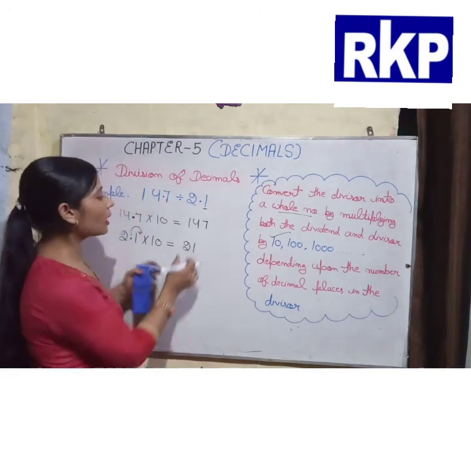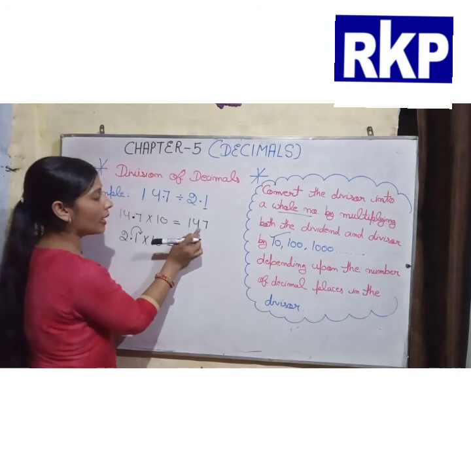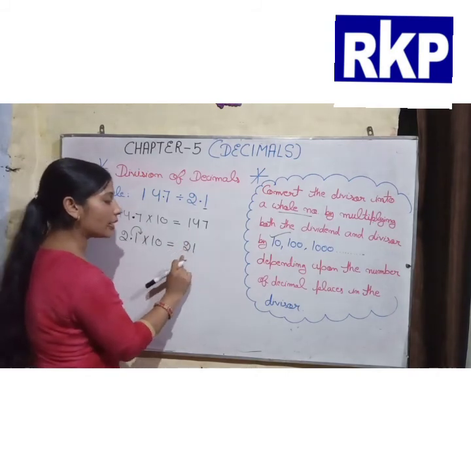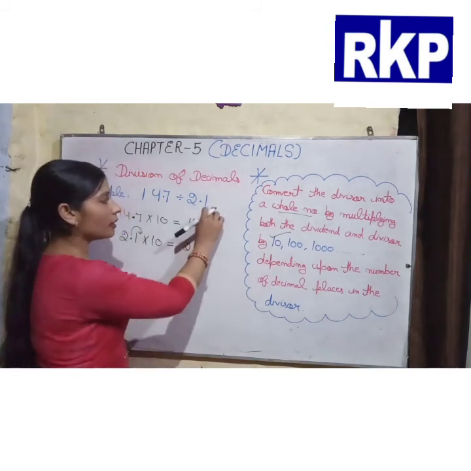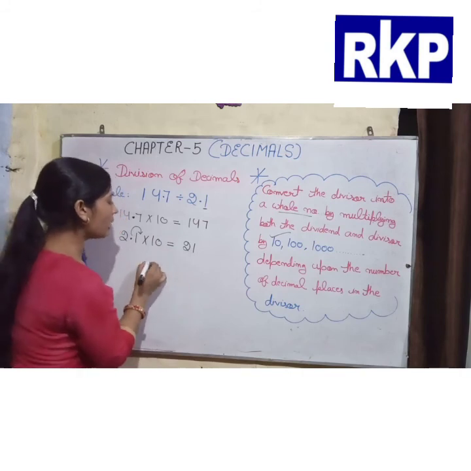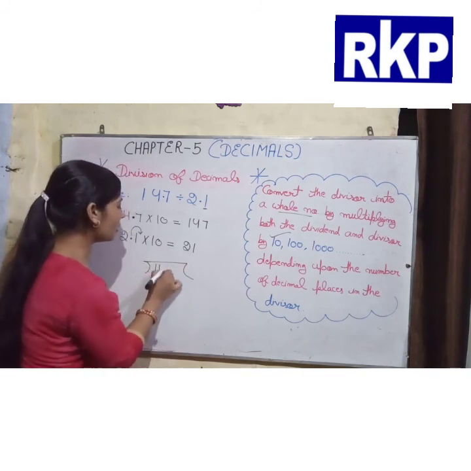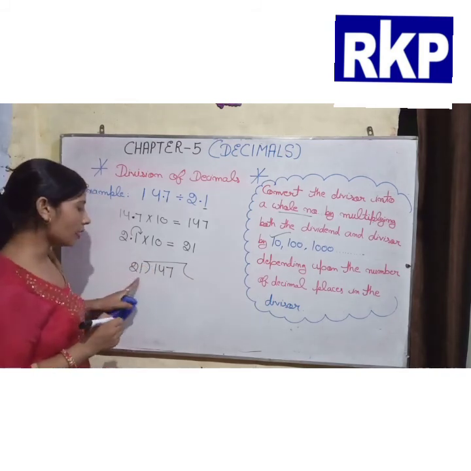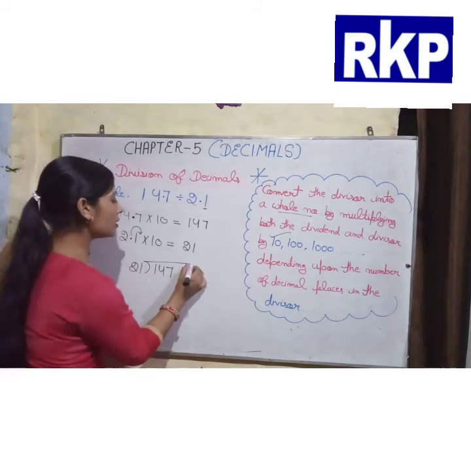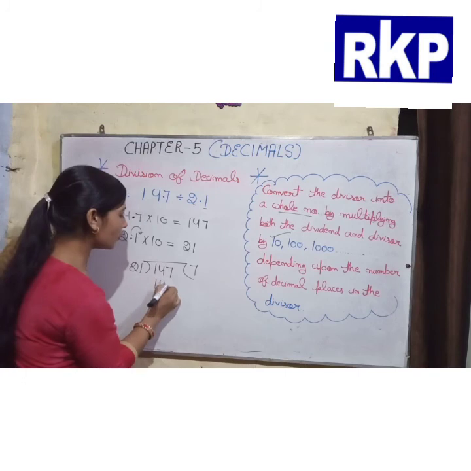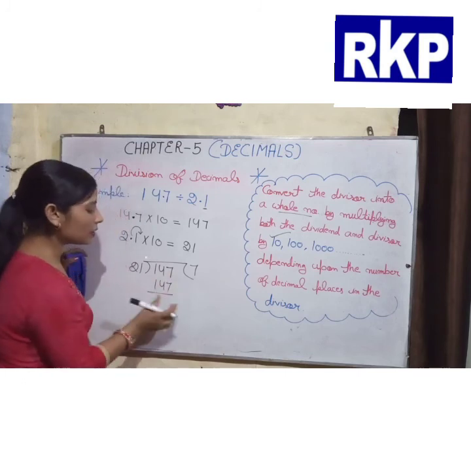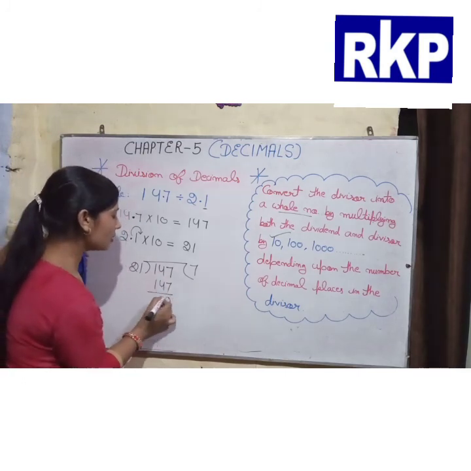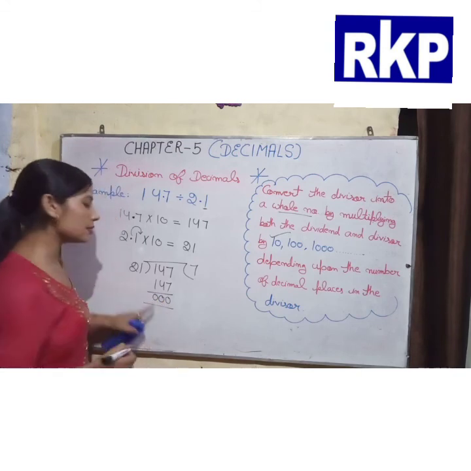So now we have 147 as a dividend and 21 as divisor. So now we have to divide 147 by 21, and we know beta 21 7 jar 147, and if we subtract this number from this, then we will get only 0.